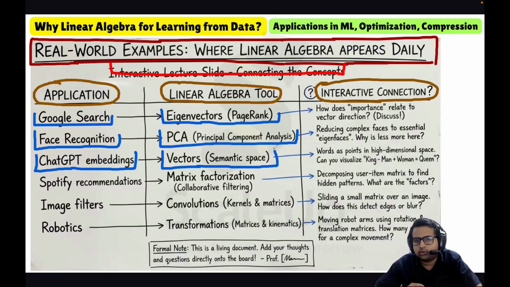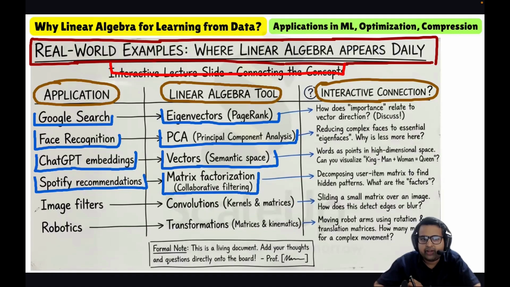So we represent the words as vectors, as points in the high dimensional space. In the Spotify recommendations application, we make use of matrix factorization, the collaborative filtering. We decompose the user item matrix to find hidden patterns.